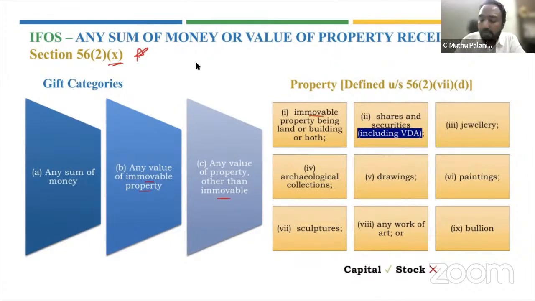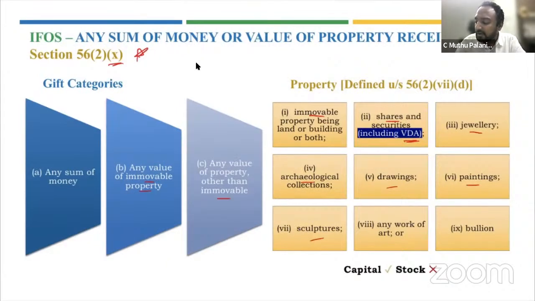Property includes immovable property, that is land or building or both, shares and securities, including virtual digital asset. So VDA is your virtual digital asset. All your cryptocurrency, everything falls under this VDA. So then you have jewelry. Then you have archaeological collections, drawing, painting, sculptures, any work of art, bullion.